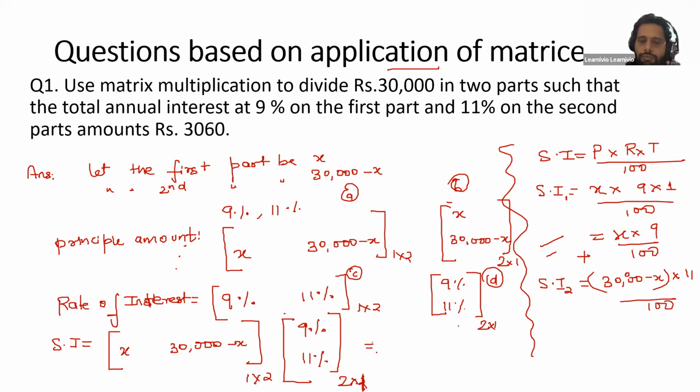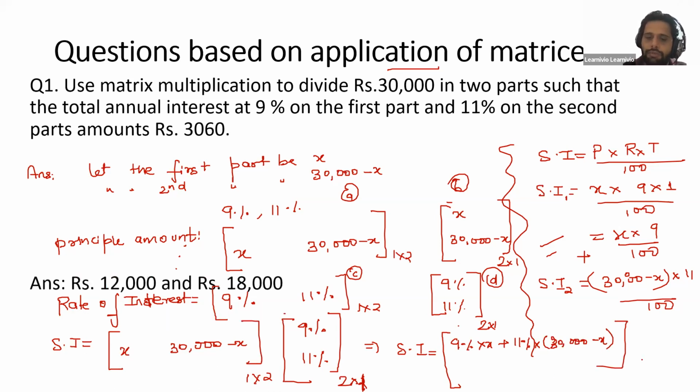First row, first column. So simple interest is equal to, we will get what? First row means 9% into x plus 11% into 30,000 minus x. And this is a single term.